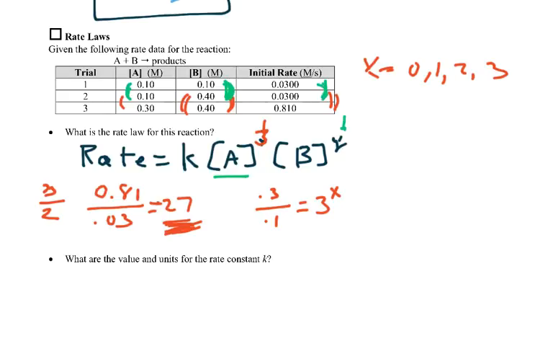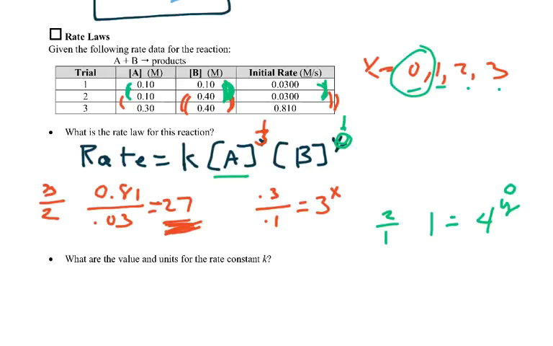So what we're saying now is, if we divide the two rates, if I do 2 over 1, and look at that data, the rate is the same both times, so the rate ratio is equal to 1, and what has happened to the B, 0.4 over 0.1, that's 4, so 4 to the y power equals 1. Well, if I look at my possibilities here, the only possibility to make it come out to 1 is 0. So y must be 0. So this is to the 0 power right here.